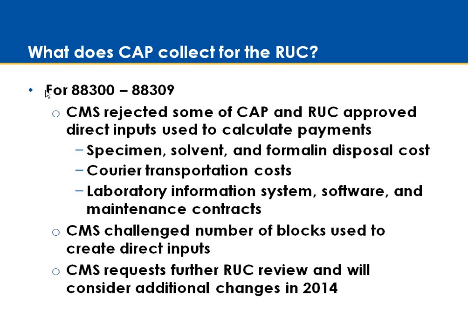That vignette was previously approved by the RUC research subcommittee. So that is something that we will be doing over the next year to get some additional evidence to validate the number of blocks used in our assumption. Also, the RUC will be doing the same thing.